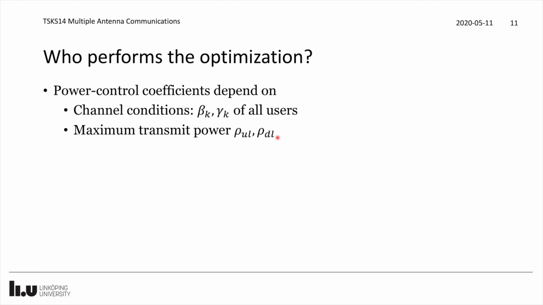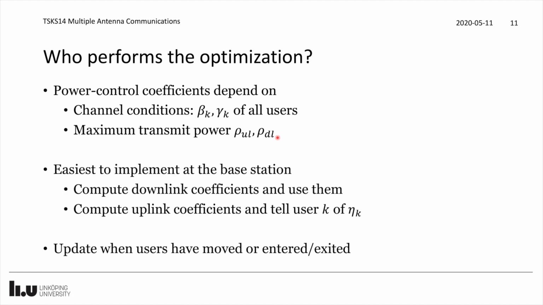Well, most appropriately, this is going to be implemented at the base station, because every user might know its beta k and gamma k and its rho uplink, but not the other users' information. But they can easily send that information to the base station, and there might be regulations telling you what rho uplink is, so the base station already knows that, and when you send uplink signals, the base station can measure beta k and gamma k, for example.